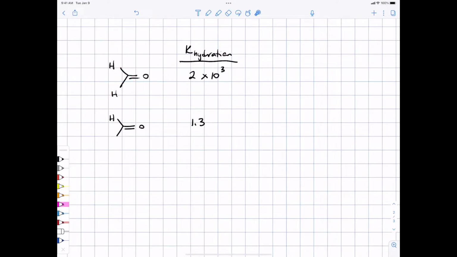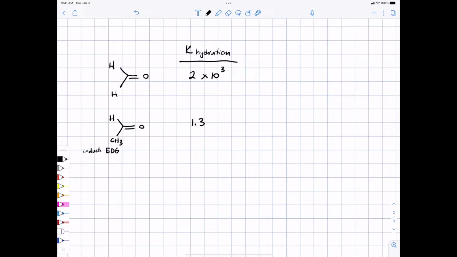So you could rationalize that how? A couple different possible explanations. Go ahead. The carbon that you just added will be able to donate some of its electron density to that positively charged carbonyl carbon.